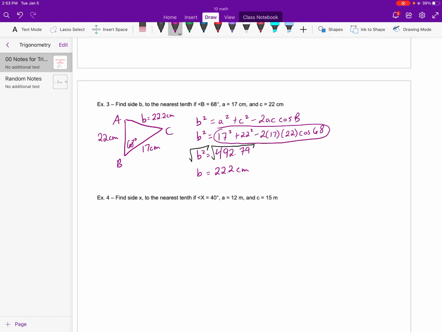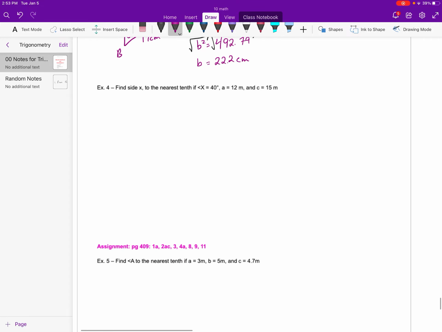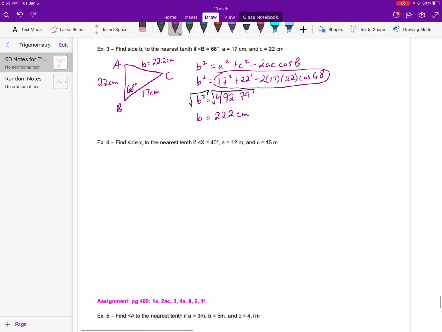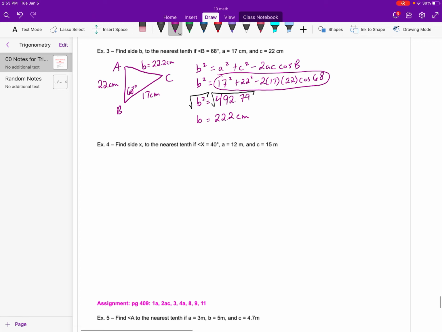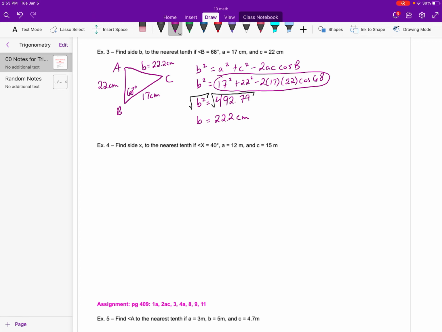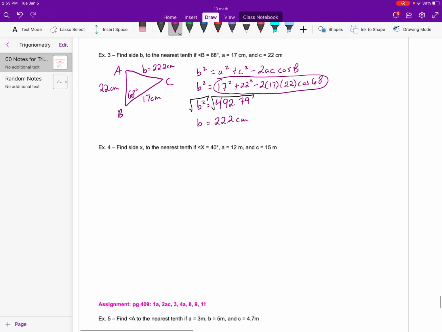Example 4, find side x to the nearest tenth if angle x equals 40 degrees, A equals 12 meters, and C equals 15 meters. So again, let's make a drawing.